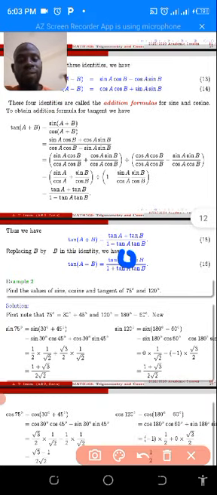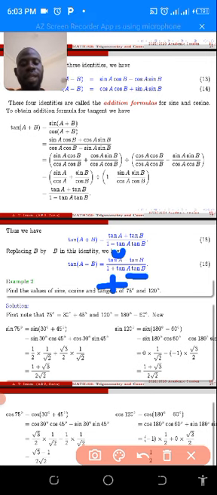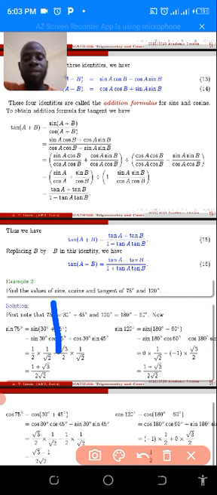So this is over 1 plus tan A tan B, because tan B has a negative, so it affects the negative here. Negative becomes positive, and that is why you have this positive.